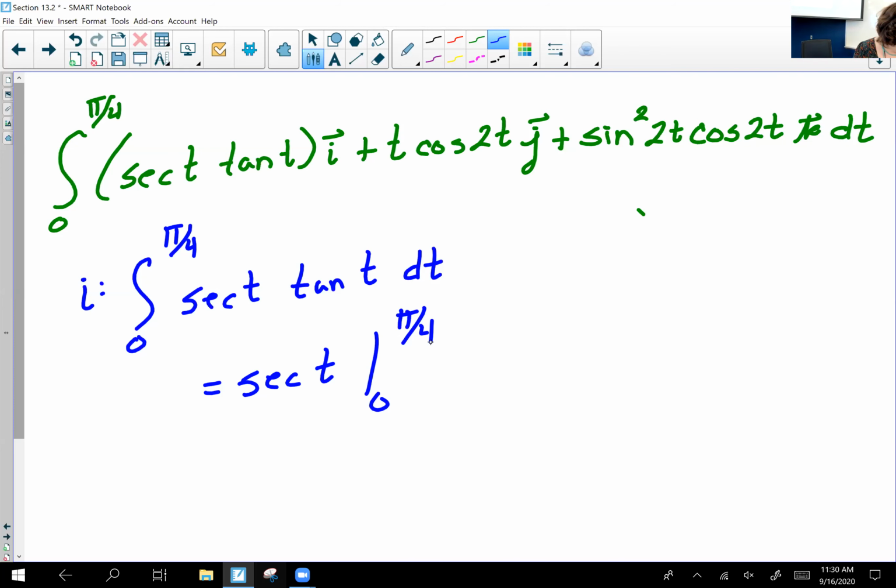So that's then going to be evaluated from 0 to pi over 4. Secant at pi over 4 is square root of 2, and secant at 0 is going to be 1. So that becomes our i value.